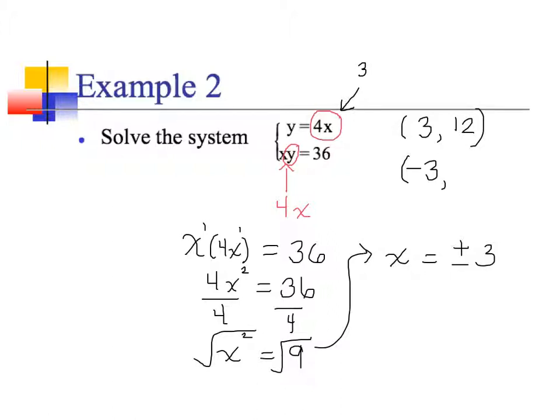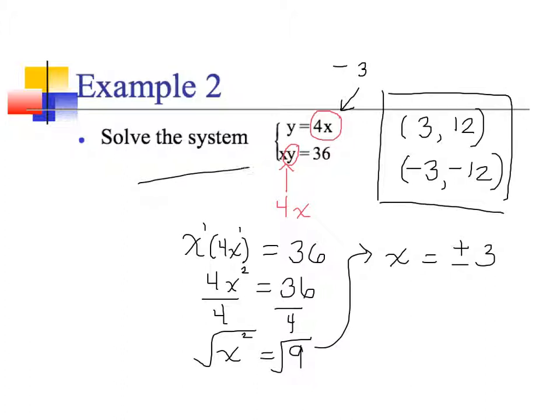I'm going to substitute negative 3 in for x. If I substitute negative 3 in, y is equal to 4 times negative 3, which is negative 12. This is a consistent system of equations because it has at least one point of intersection. In fact, this one has 2.